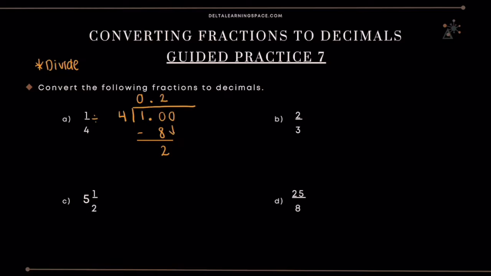And I can drop this 0 down. 4 can go into 20 5 times. And because there's nothing left over, this will tell me that I am going to stop my division. So 1 over 4 is equal to 0.25 as a decimal.